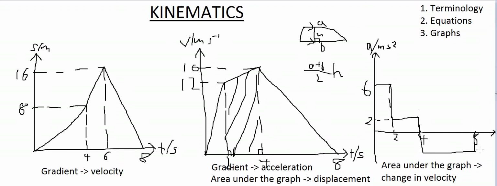This is a negative acceleration of negative 4. So this is when you convert this velocity time graph to this acceleration time graph.